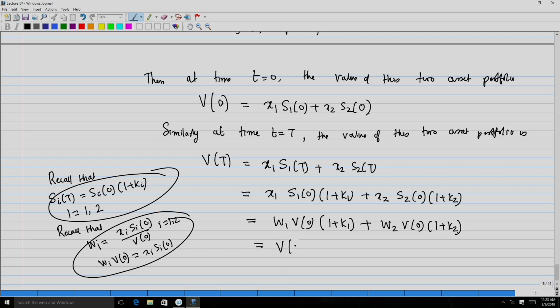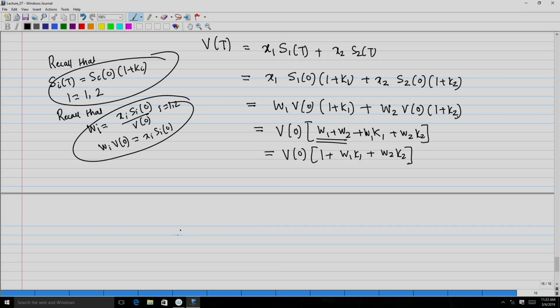So, this can be rewritten as V0 into W1 plus W2 plus W1 K1 plus W2 K2. So, remember W1 plus W2 is equal to 1. So, this will become V0 into 1 plus W1 K1 plus W2 K2.